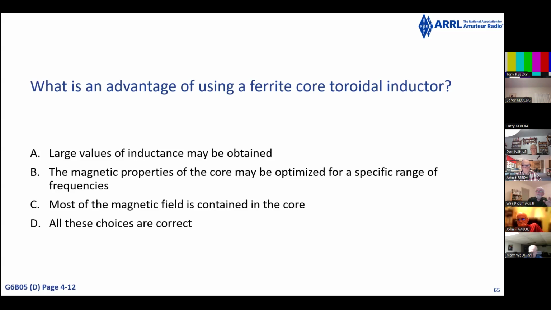And then answer B is a little bit weasel worded, but the idea is that the mixes of the ferrite material in a toroid core work better at some frequencies than at others. Their properties are more desirable at some frequencies than at others, and it depends on the composition of the core material, and all of that. That's something you can get into arguments with Hans about. What's the best toroid to use for doing ABC?